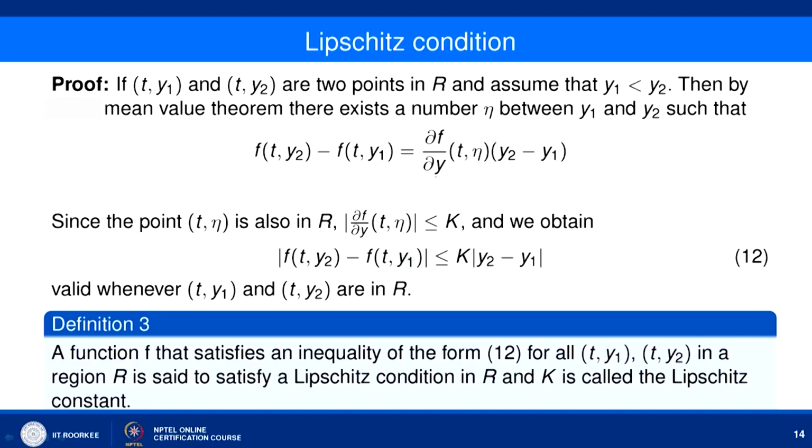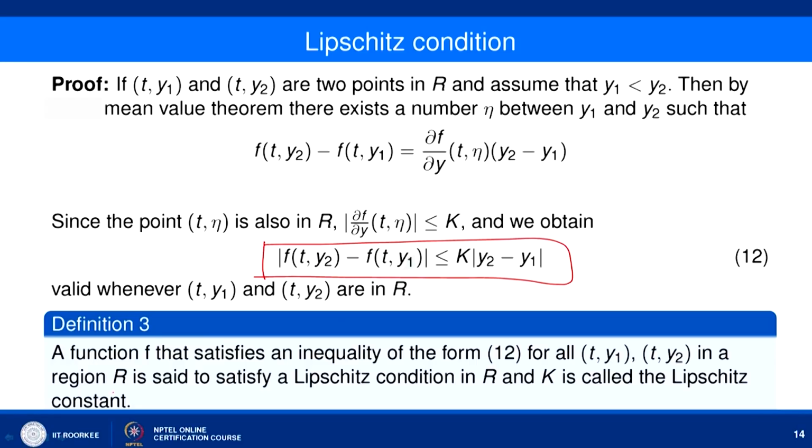So, from this we can say that modulus of f(t, y2) minus f(t, y1) is less than or equal to k times modulus of y2 minus y1, and it is valid whenever (t, y1) and (t, y2) are in this rectangle R. And this condition has a name.